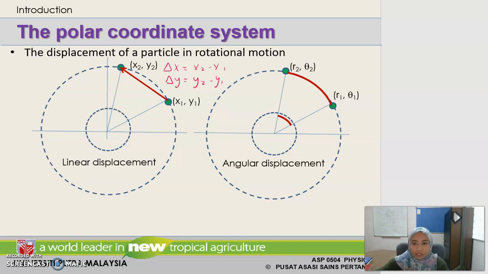But for angular displacement, the change is in radius and the change is in theta. So it's r2 minus r1 and theta 2 minus theta 1. And since the radius is the same, there is no change in the radius, so the only change here that we are seeing is theta.